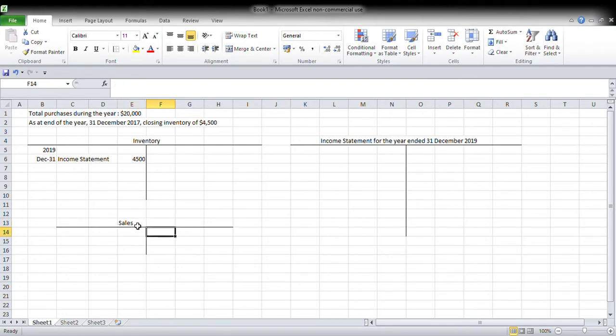Let's say total sales for the year is 65,000. At the end of the year, this figure would be transferred to income statement, 65,000.